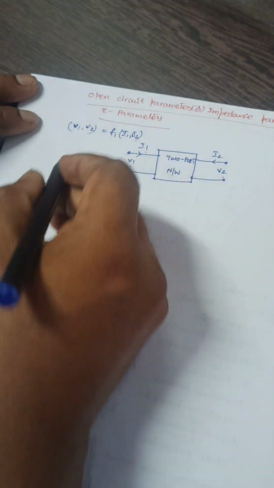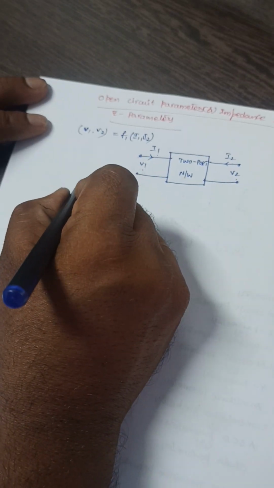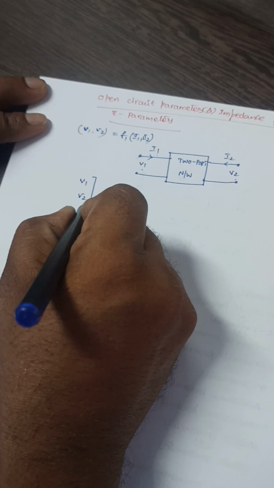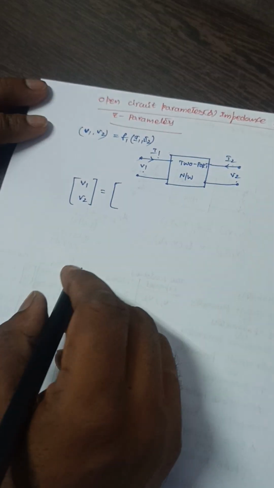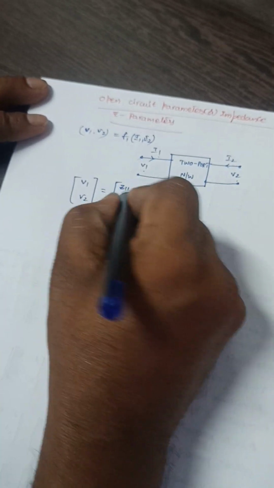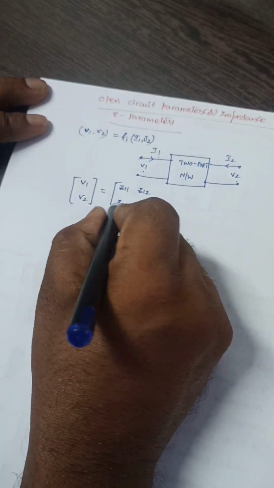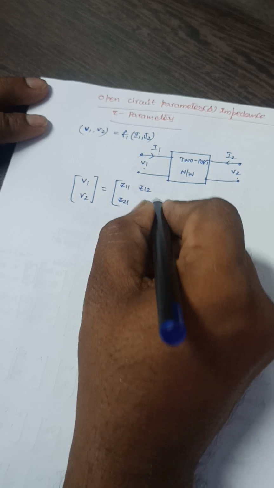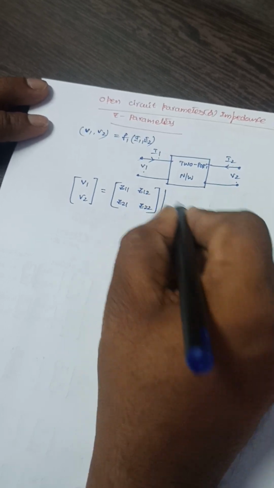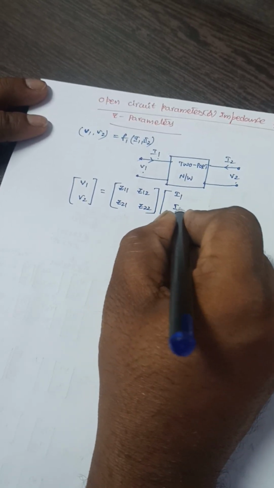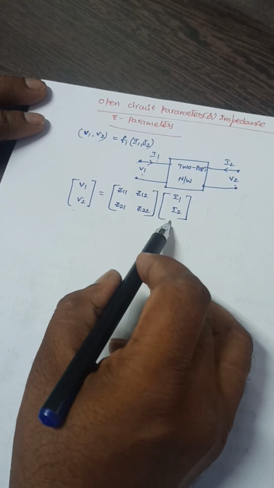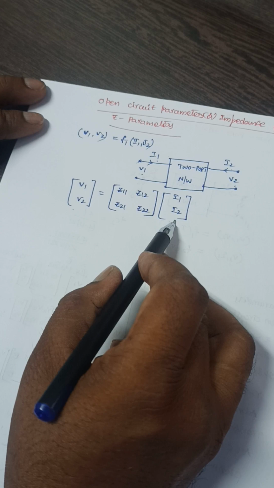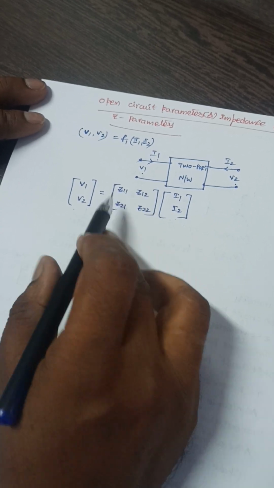So I can represent it in a vector matrix notation as V1 V2 is equal to Z11, Z12, Z21, Z22, times I1, I2. That means these variables can be expressed in terms of this I1 and I2 using these impedance parameters.